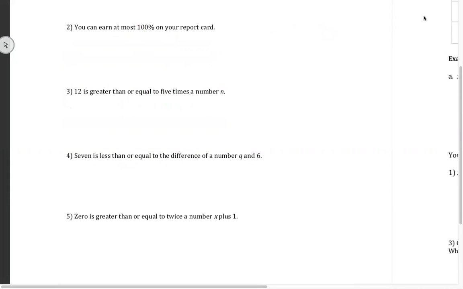Neve, number 4. 7 is less than or equal to the difference of a number q and 6. I didn't get an answer for that one. Let's do it together.